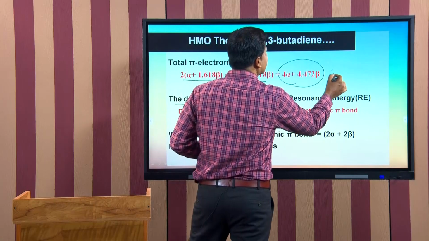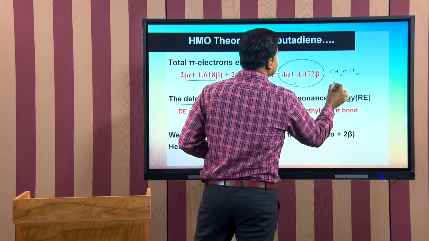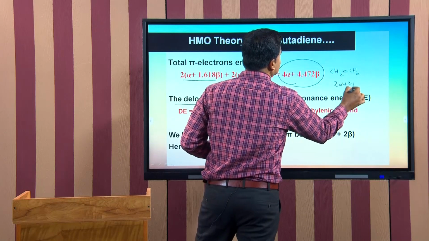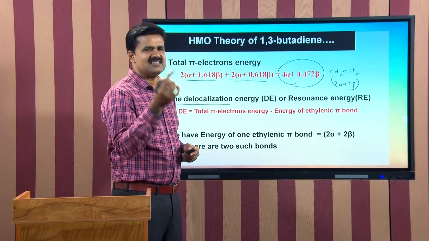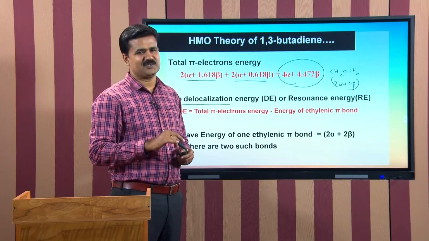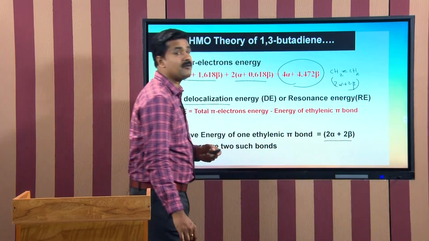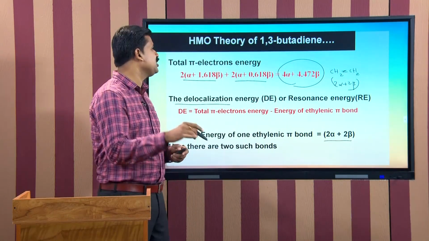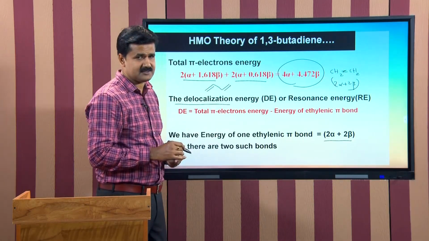Previously we learned that the ethylene molecule consists of a pi bond with energy 2 alpha plus 2 beta. This is a constant value. But butadiene is a system which consists of 2 pi bonds.